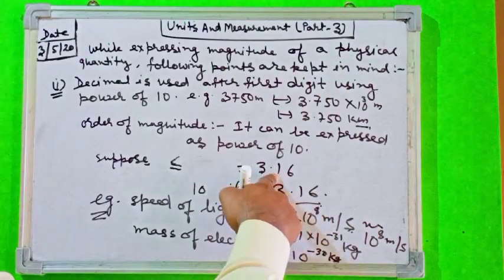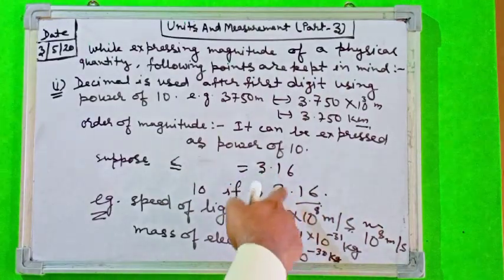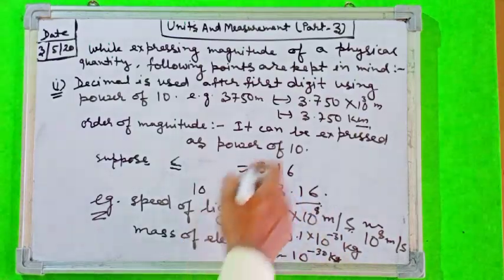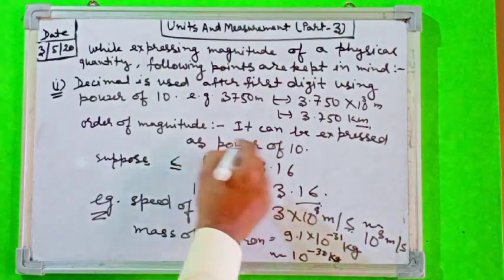If 3 is less than 3.16, then it is considered as 1.